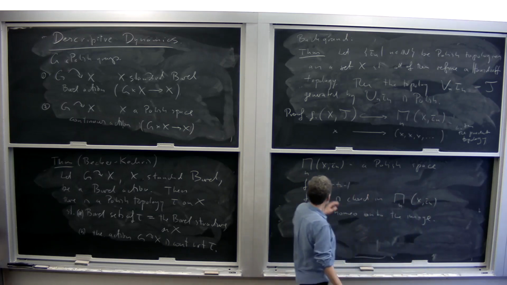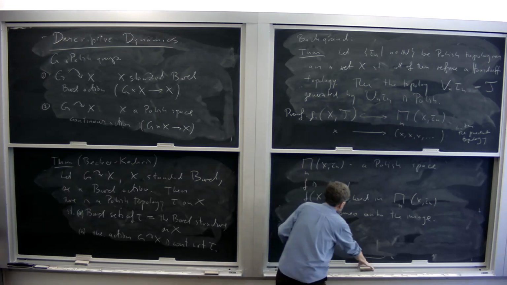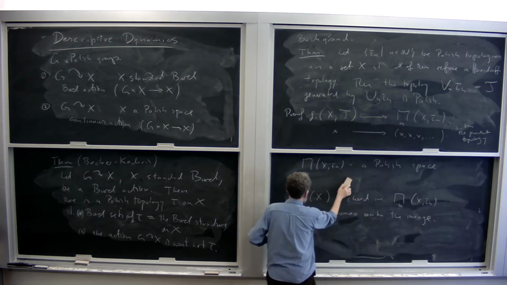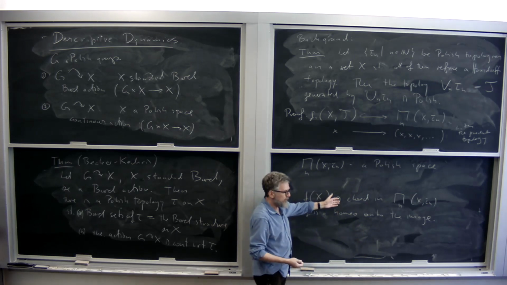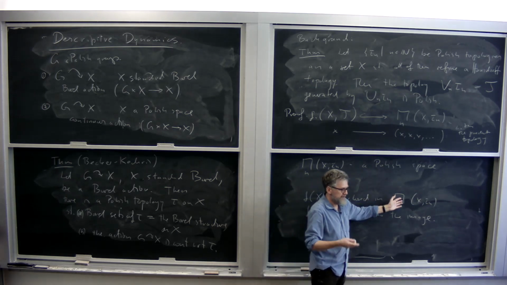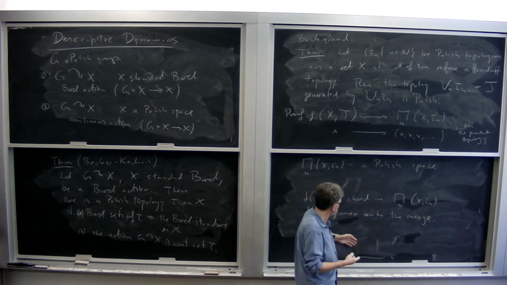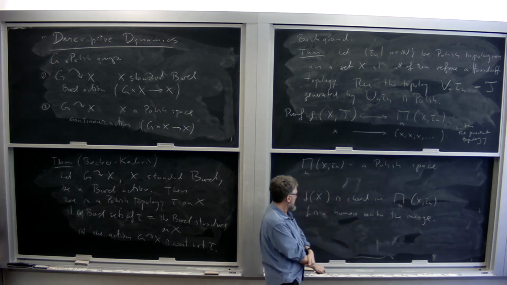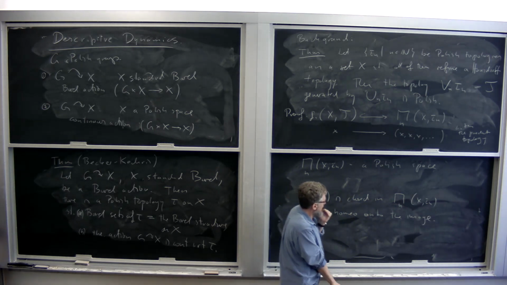So that does it, because the product is a Polish space. F is a homeomorphism onto a closed subset of a Polish space. If you have a Polish space, closed subsets are clearly Polish, just restrict the metric. Then you have to check that this is a homeomorphism. Okay, so that does it.